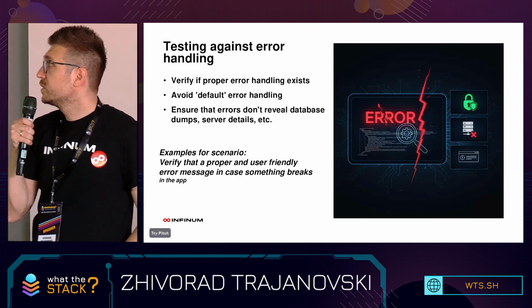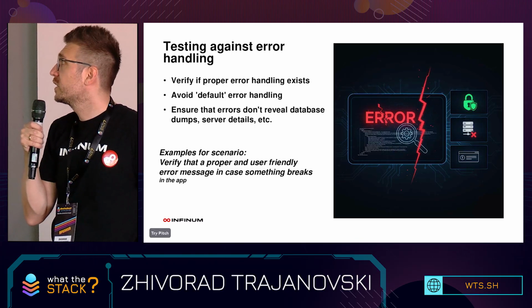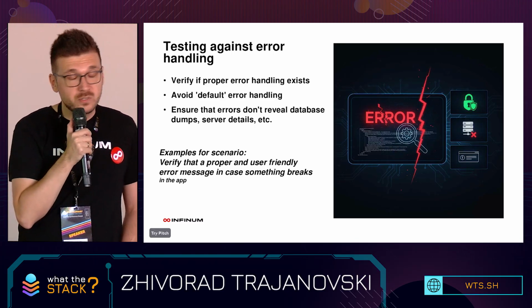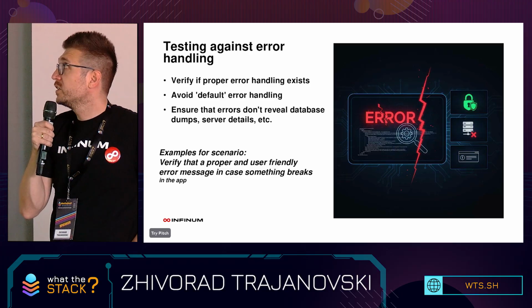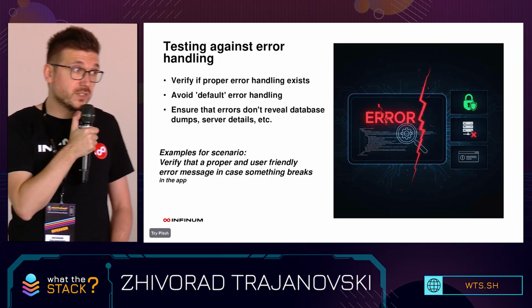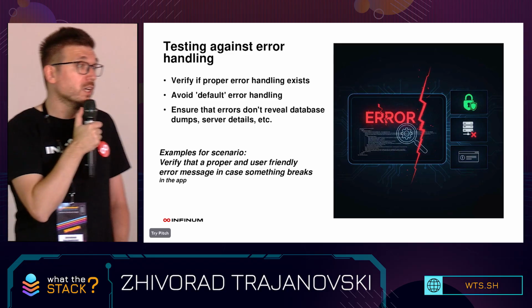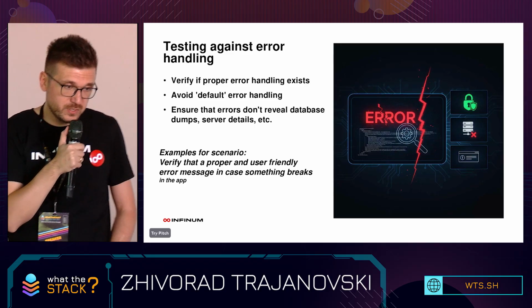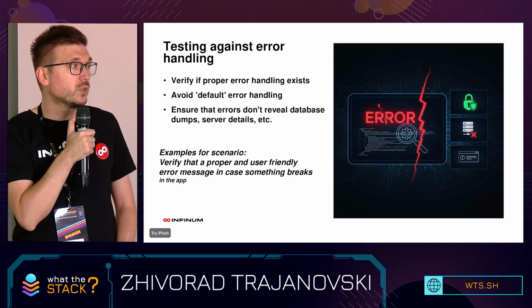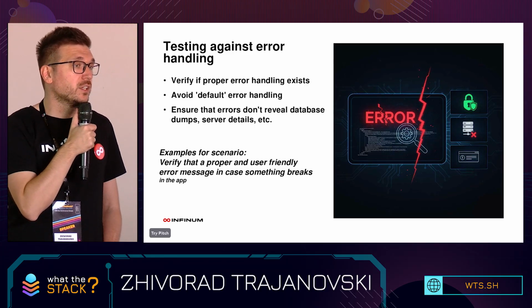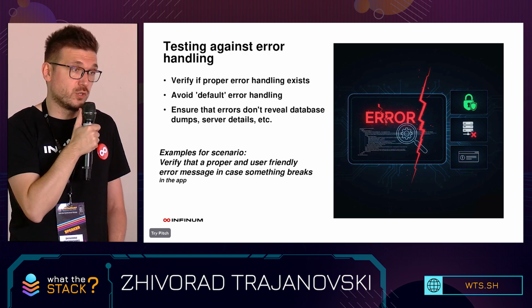Another commandment that I mentioned and captured is testing against error handling. This means that the error handlers should be tested, and default values should be avoided. What does this mean? If something goes wrong in your application, you should properly handle it and display a message.